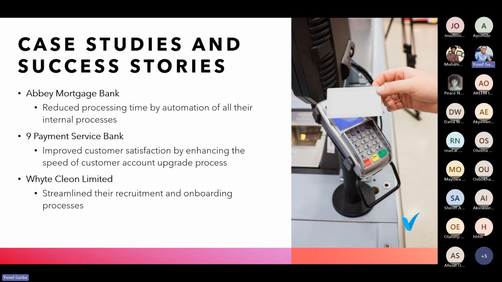Same way with NI PSB, that's NI Payment Service Bank. They are a new bank as well. They have a lot of internal processes that were automated using the same platform. Notably, there is another process they have for customer account upgrade. When you open a bank account with them online, immediately there is a process that runs in the background.